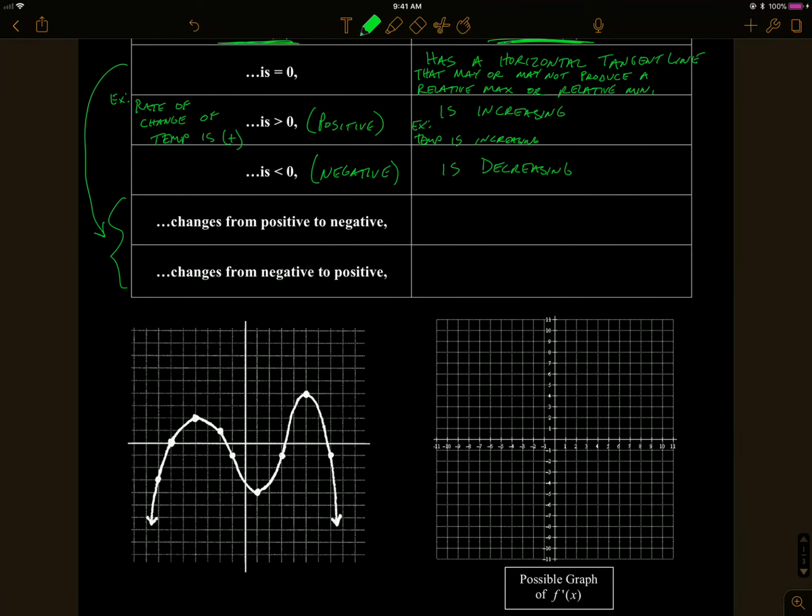So if my derivative changes from positive to negative, the function was increasing because the derivative was positive, then it switches to where the function is now decreasing, because on the other side of an x value, it's negative. That means if a function was increasing, then switches at a point and starts decreasing, you have a relative maximum.